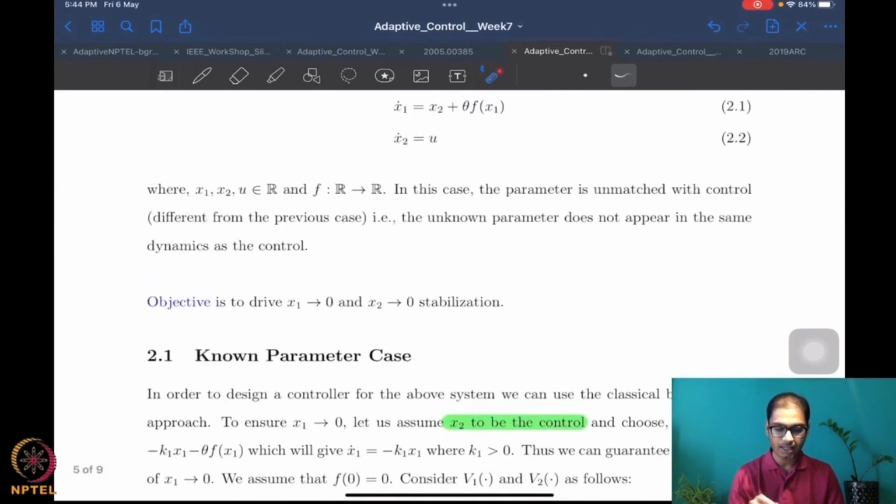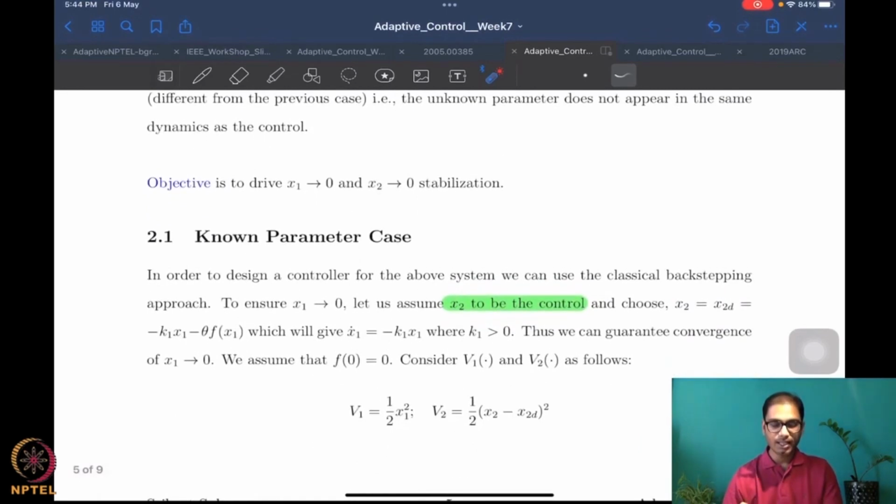And the aim is the same, which is basically to drive x1 and x2 to 0. Slightly different because we're not looking at the tracking error problem, but as I said last time, this is exactly the same. Even if I was considering a tracking error problem, the methods that we're using would apply almost identically, right?